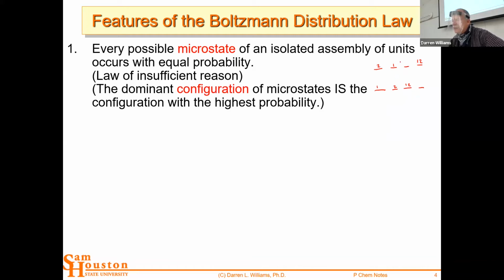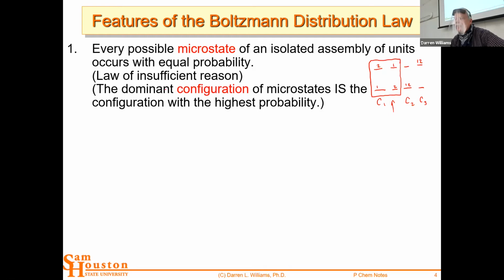And notice this one can be arranged; essentially, it's the same one. If I delete the numbers on the molecules, this is a particular configuration. So configuration 1, configuration 2, configuration 3. This one's the most probable because there are 2 ways to build it.